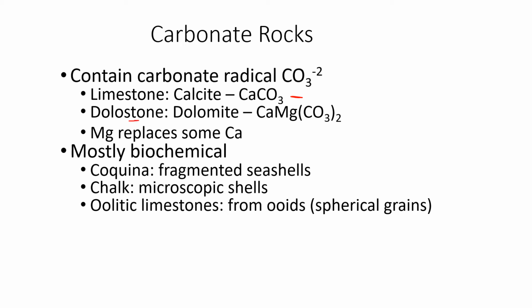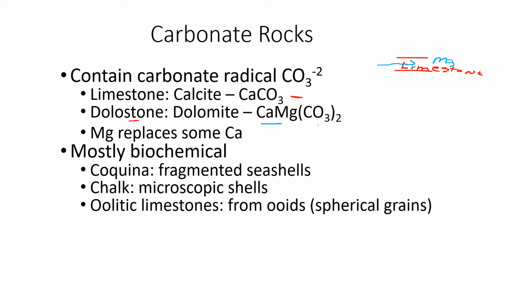Dolostone is formed when buried limestone has had water moving through, and that water contains magnesium. And some of the calcite gets replaced with magnesium, and that is no longer limestone, it's dolostone. And look at the chemical formula here. It's a calcium magnesium carbonate.